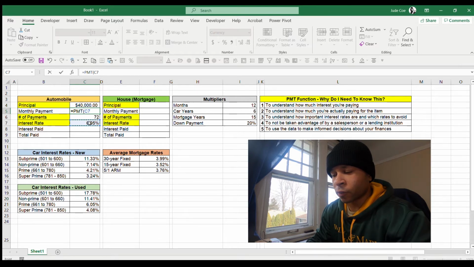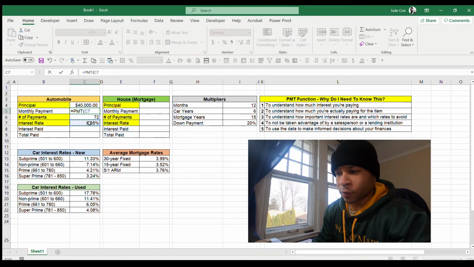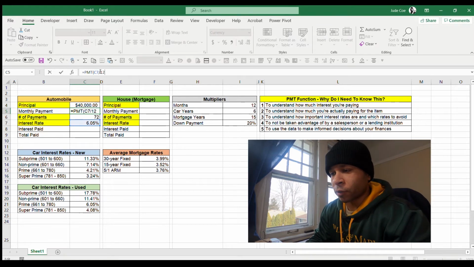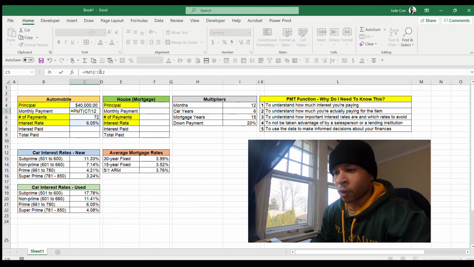APRs are how most interest is charged. So an APR of 6.05% would be the total interest that you'd be charged for that year. It would be about 6%. So what you have to do in Excel is divide the interest rate by 12. That's going to give you the amount of interest that's going to be charged per month, because we're doing a monthly system here. The number of payments is by month.